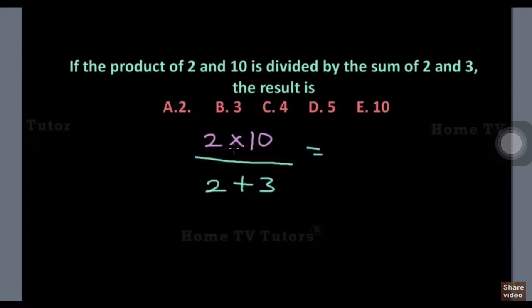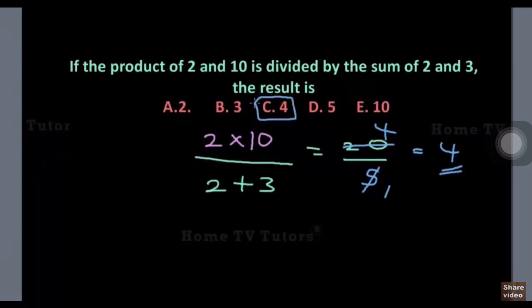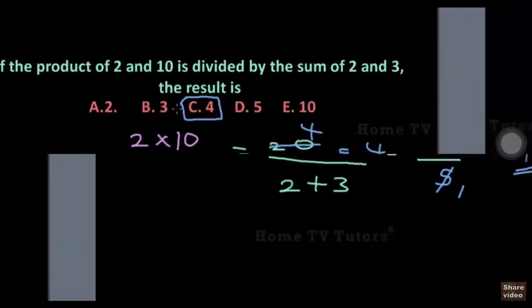The sum of 2 and 3 is 2 plus 3. 2 times 10 is 20. 2 plus 3 is 5. Whenever you see product, it means multiplication. So 20 divided by 5 gives us 4. That's option C. Very good.